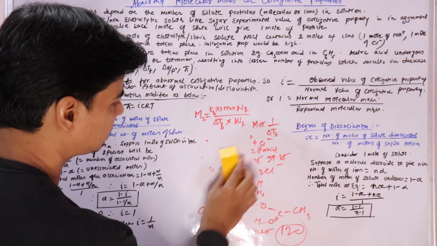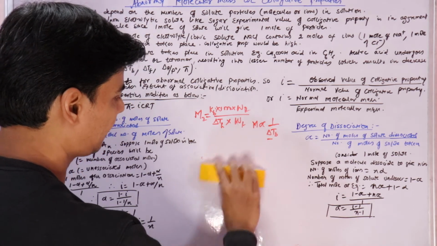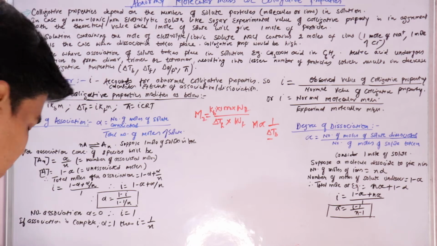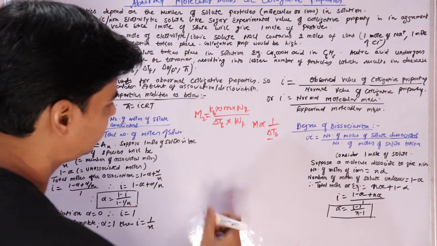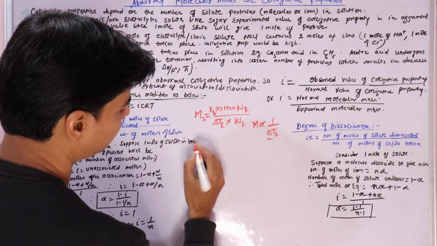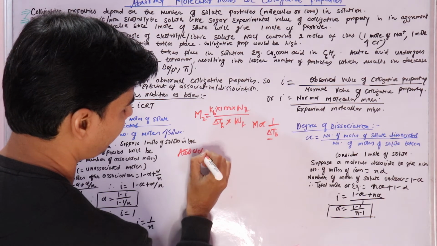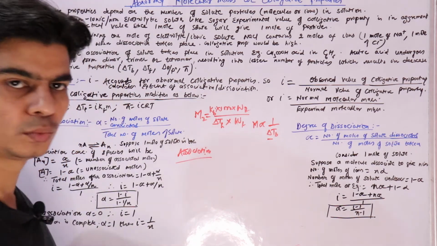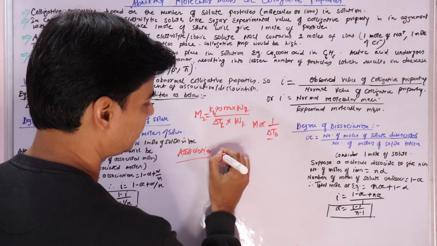Now let's see how the value of i varies with association or dissociation. First we will take the case of association, where two molecules of acetic acid associate to form a dimer.